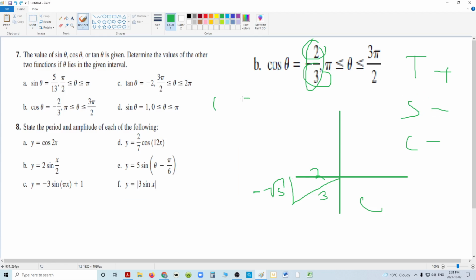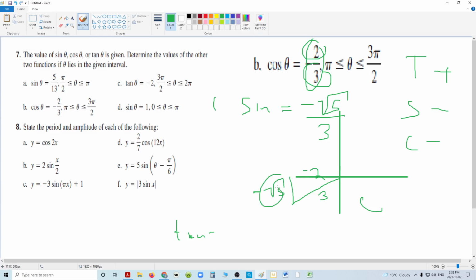Well, sine is simply opposite over hypotenuse, so minus square root of 5 over 3. And tangent is simply opposite over adjacent. You might say, well, why is tangent positive?